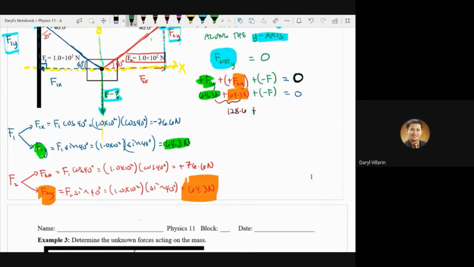F. But then again, if I move this one to the other side, I mean separating my F from the number 128.6, that should be plus F. So the answer would be F is equal to 128.6 newtons or 129 newtons.